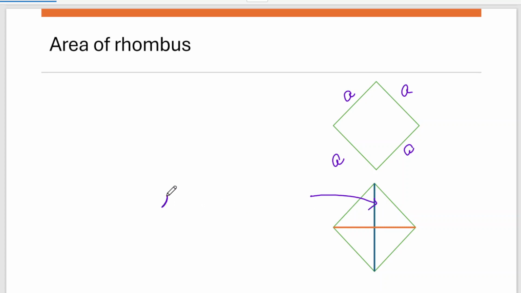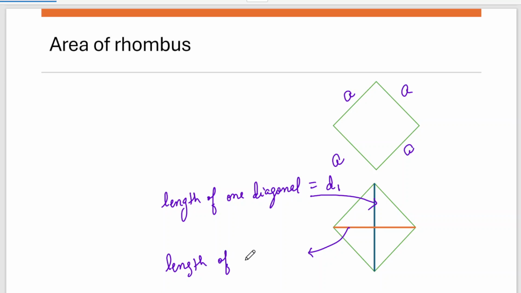So length of one diagonal equal to, suppose it is given as D1, and the length of the other diagonal is given as D2.